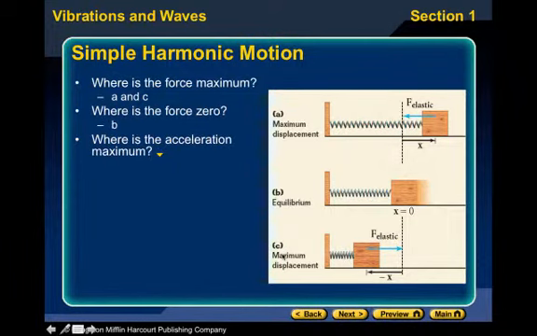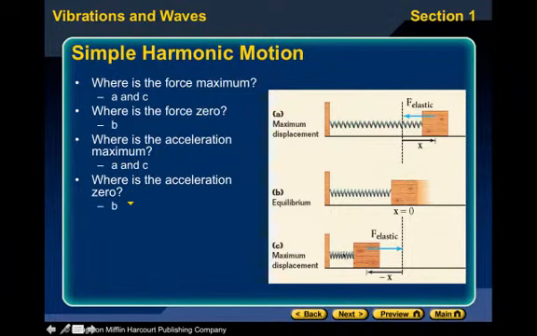Where's the acceleration a maximum? A and C, because it's slowing down. Right here, the speed is 0, the acceleration is 0. Or not, speed is not 0. The speed is at its greatest, and then it's slowing down on each way. So it's accelerating, decelerating. So A and C, yeah, the acceleration would be maximum.